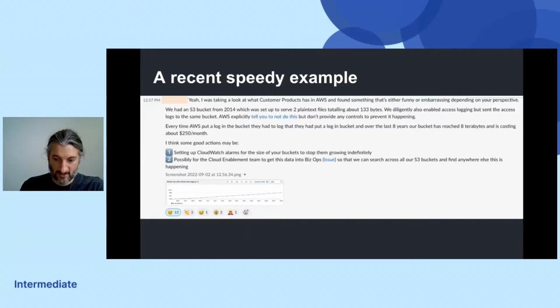We have a bit of a cost-saving drive at the minute, and somebody found that an S3 bucket, which should have contained just a few bytes of data, actually contained terabytes of data because they had misconfigured the logging on it. And they realized, well, this is something that other people could do. It's an easy mistake to make.